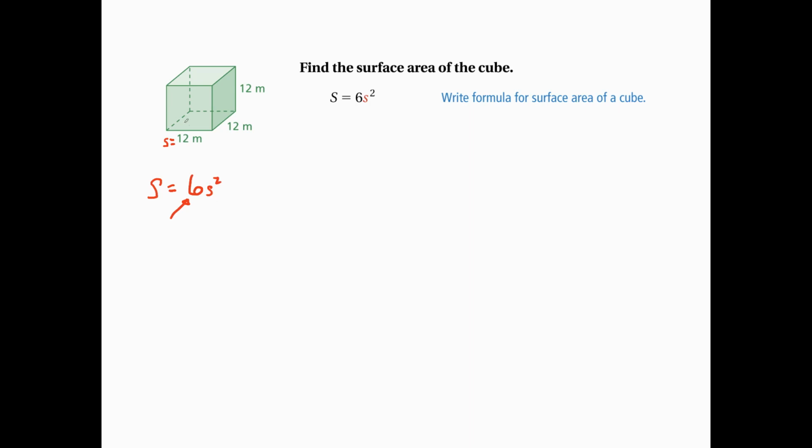And the area of one of those, it's a square, so it's s squared. Okay, so the surface area, here's the formula, equals 6s squared.